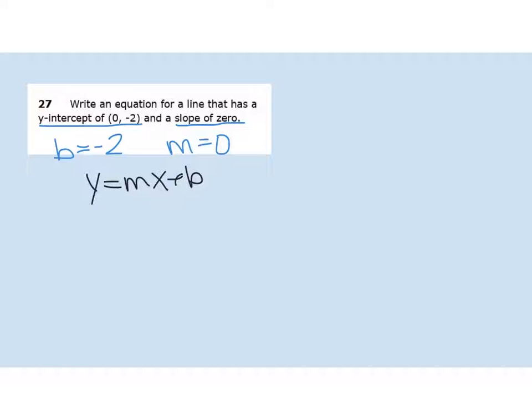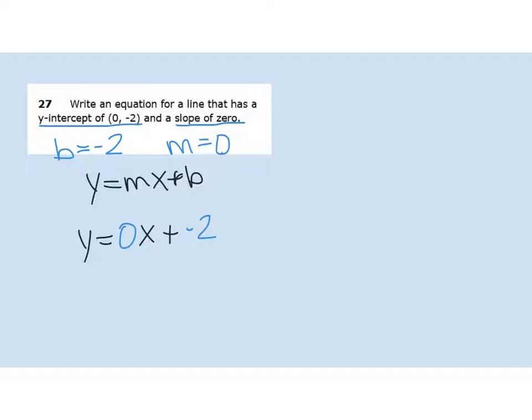And then from here, we can go ahead and substitute in the values that we know. So y is going to equal, instead of m, I'm going to input my m value of 0, x plus, and I know my b value is -2.